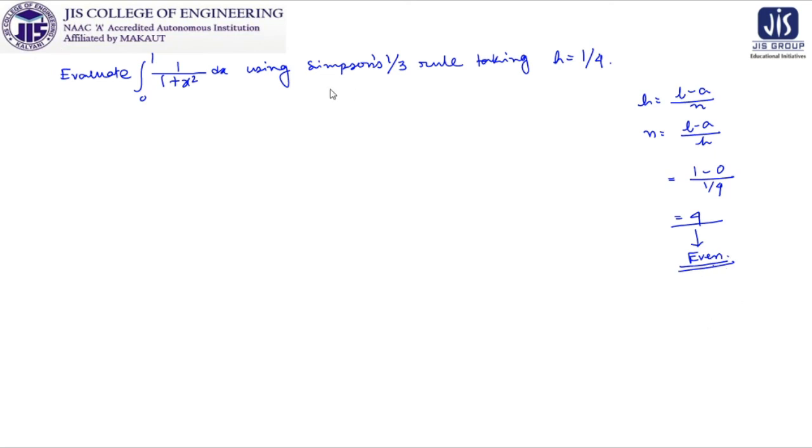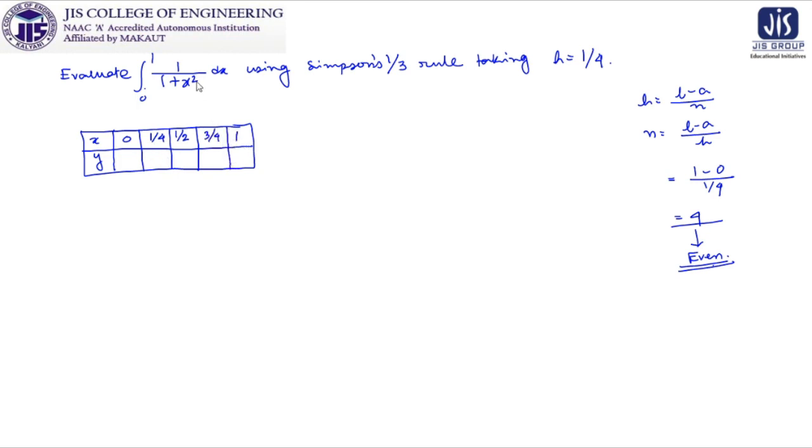So after this verification is done, our job is to generate the table, because h is already given to us and we have verified that the number of subintervals it generates is even. So it will start from 0, then obviously 1 by 4, because we are adding h sequentially, then 1 by 2, then 3 by 4, and then obviously 1.